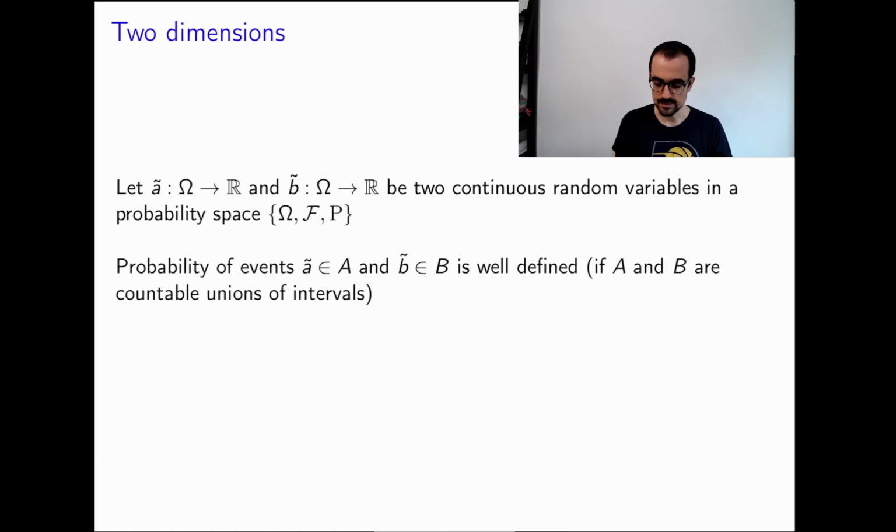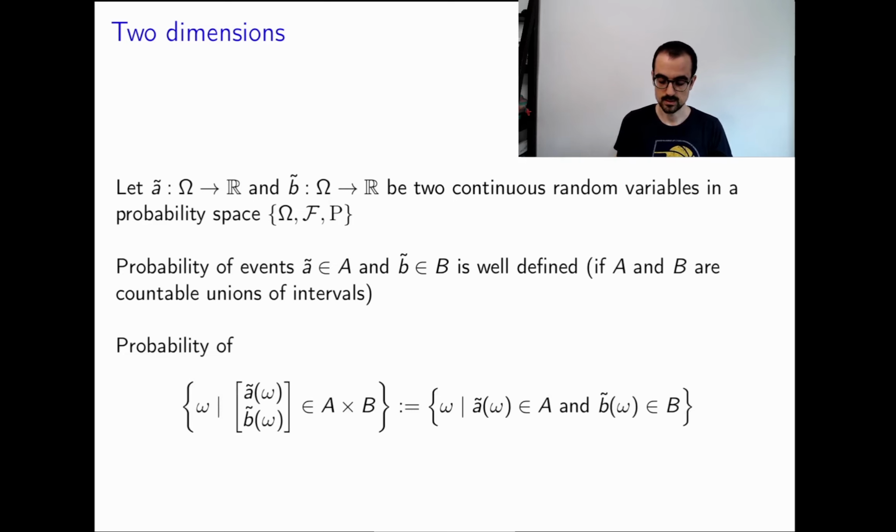Okay, so what happens if we have two continuous random variables in a probability space? Then if we consider two sets A and B, which are Borel sets, so basically countable unions of intervals, or two intervals, or the intersection of two intervals, etc., then the probability that each random variable is separately mapped to those intervals is well defined.